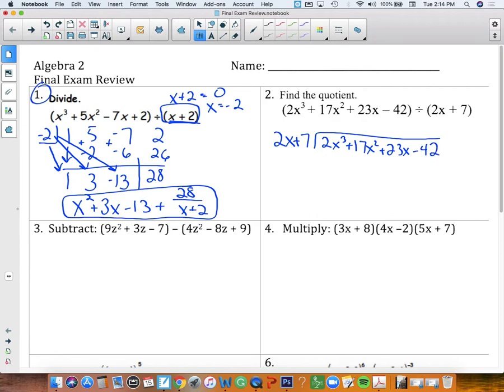Now remember, there are sometimes where you might not have that x squared, so you might have to add placeholders. Here we don't. I'm just making you aware of that.